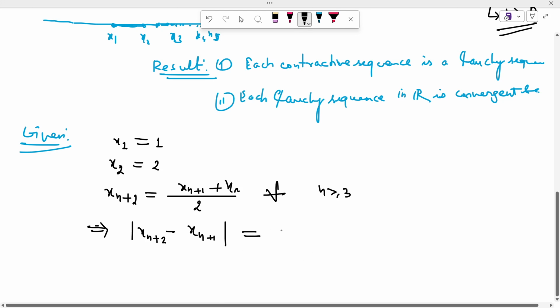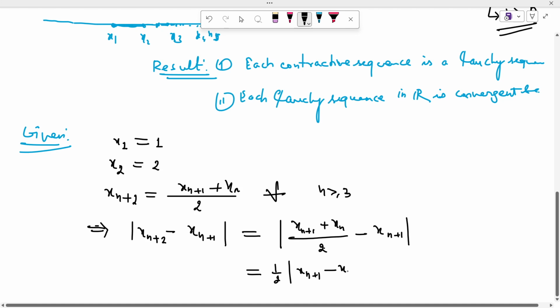So this can be written as, put the value of x(n+2), which is x(n+1) plus x(n) divided by 2, minus x(n+1). So this is basically 1 by 2. Solve this and you will get this.